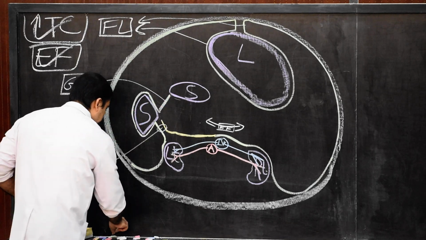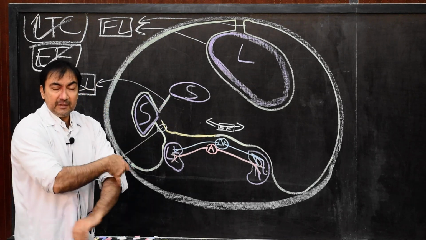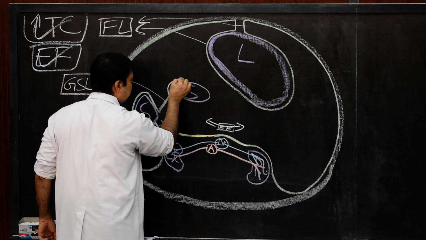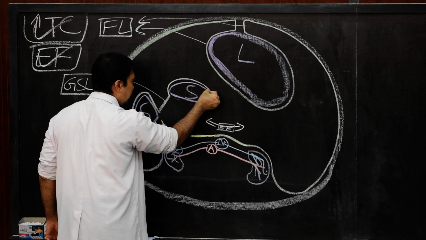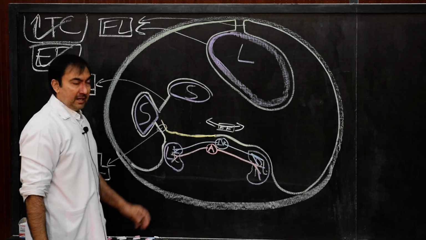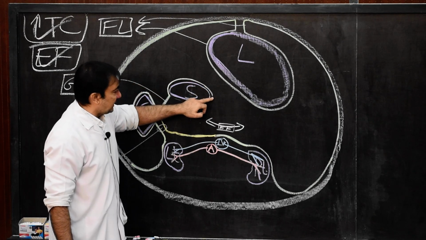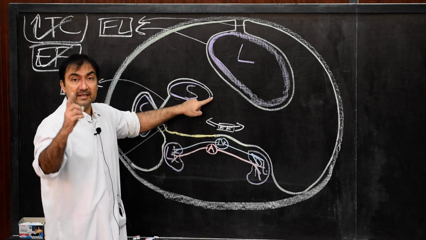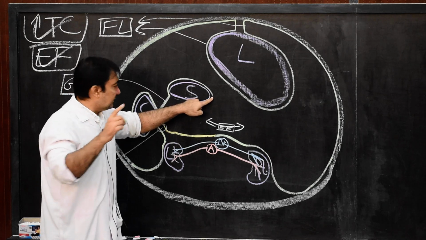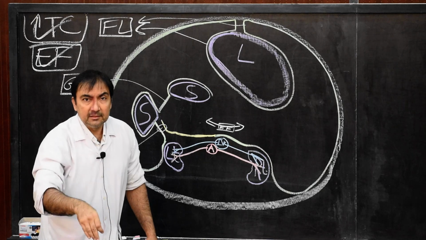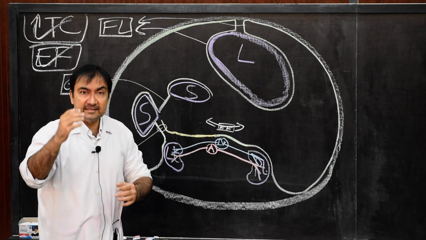After passing to the fundus of the stomach, it will then cover the anterosuperior surface of the stomach. See here, it is covering the anterosuperior surface of the stomach. After covering it, it will come to the lesser curvature of the stomach, where my finger is. At the lesser curvature of the stomach, it will form the anterior layer of the lesser omentum.